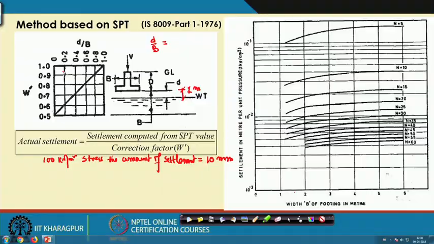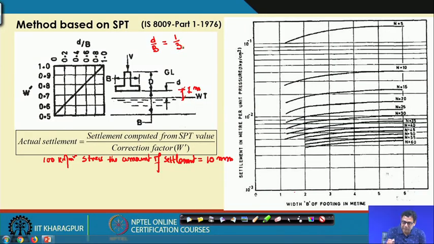So, for this D by B, we have to use this chart. Here the D value is 1 and the B value is 3. Again from here, this value comes out to be 0.65, so W dash is 0.65. This is a similar chart to the one we used for bearing capacity, but here it is represented in a different way.